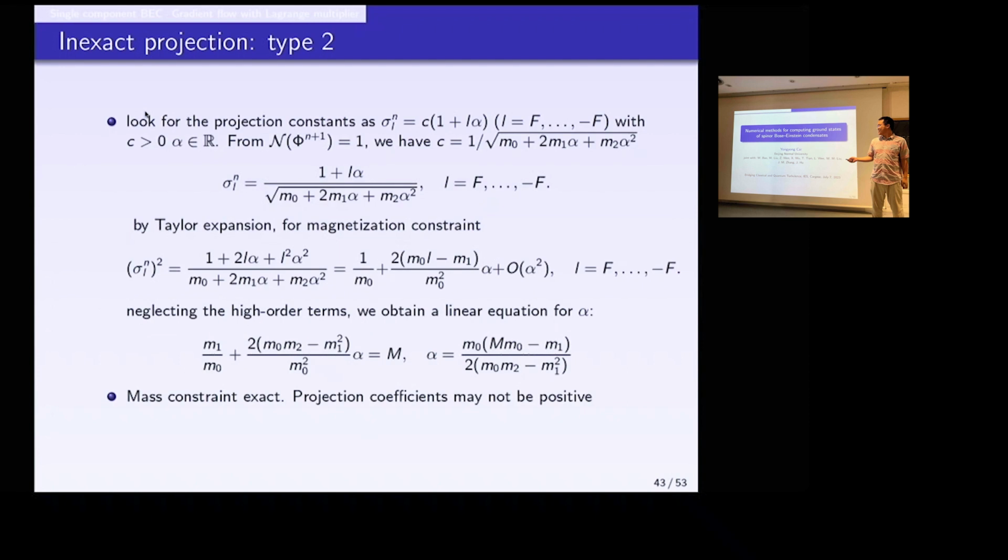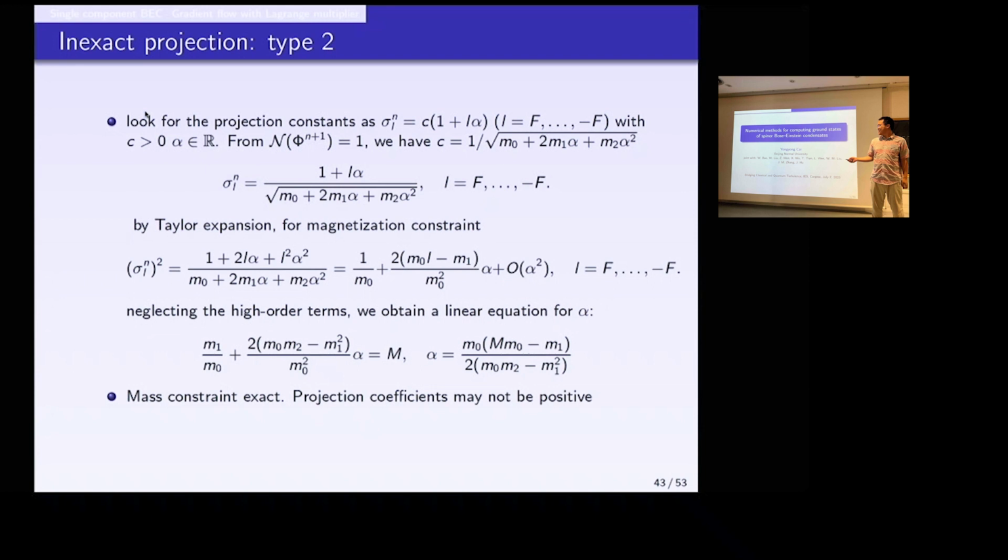On the other hand, we can also fix one. We can exactly specify one, and then the other one has some relaxation. Here we enforce the total mass constraint, and then we are only left with one parameter to be determined. For this one, again we use the Taylor expansion to find the approximate projection constant. This one can also be solved analytically.